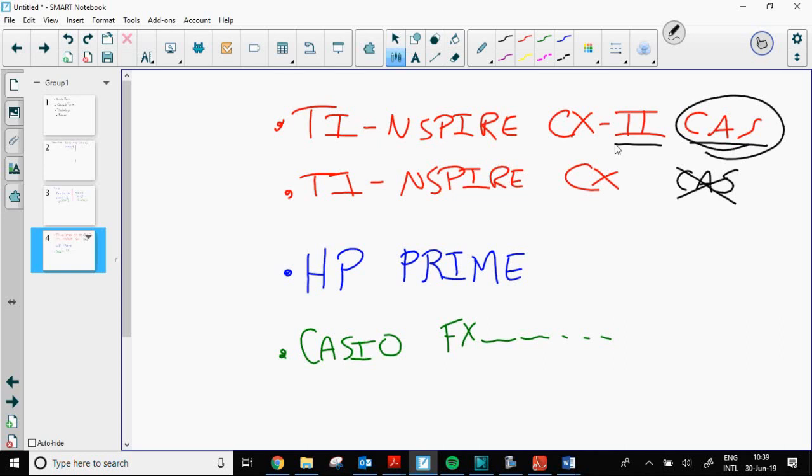So the CX2 allows you to turn it off, whereas if you were to purchase the CX1 CAS, you cannot turn the CAS off. So that calculator is straight up illegal in my classroom. If you try to use one, I'm accusing you of cheating pretty much right off the bat. So don't try to use one of those for me.